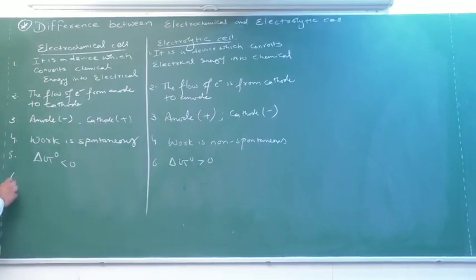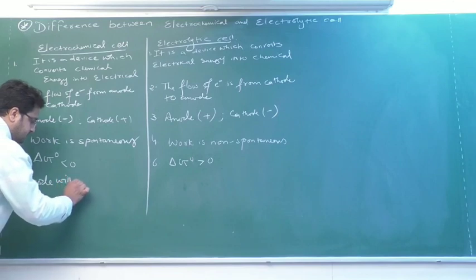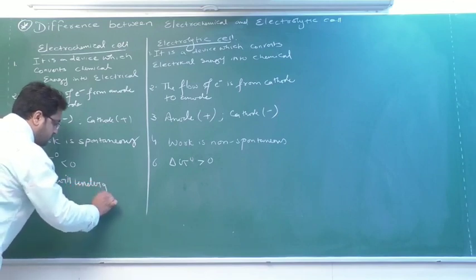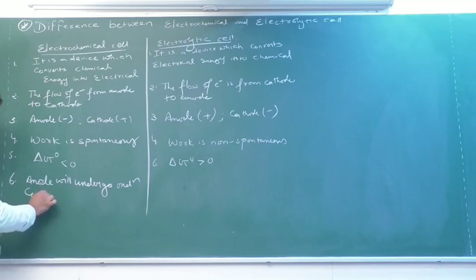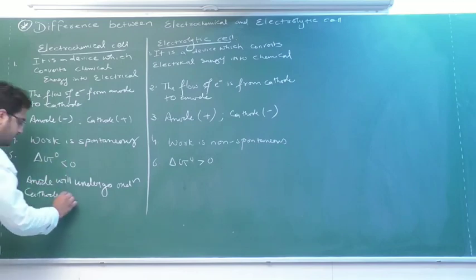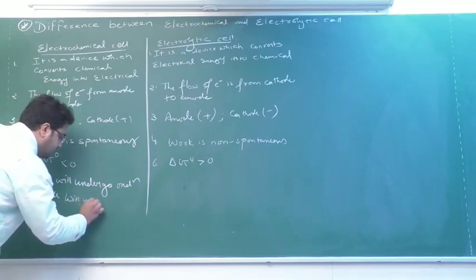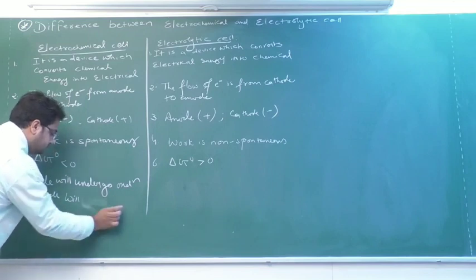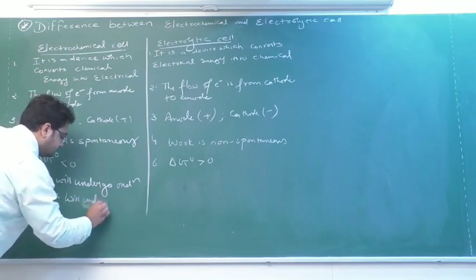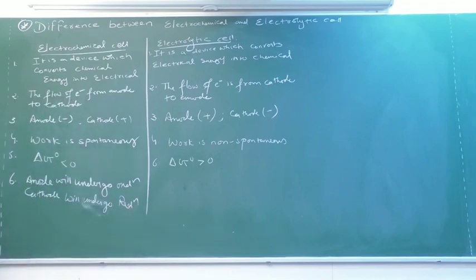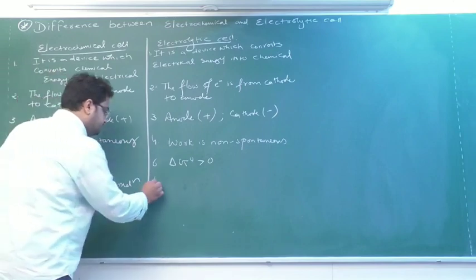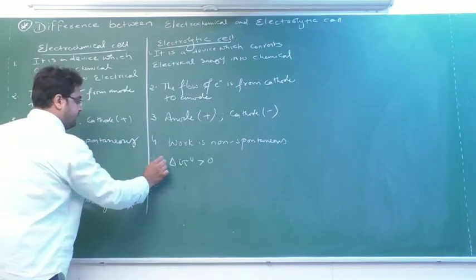So first we will see here, the anode will undergo oxidation and the cathode will undergo reduction. Clear?